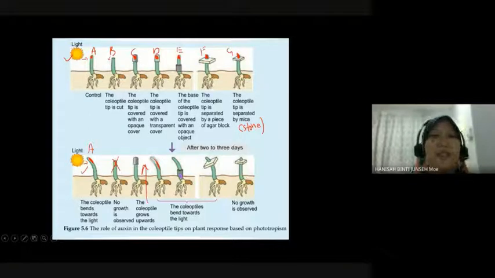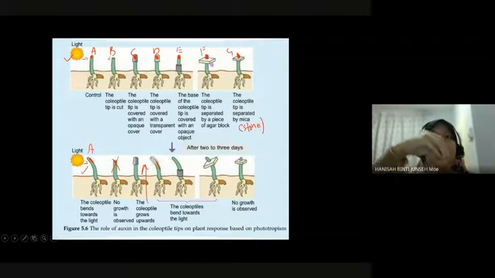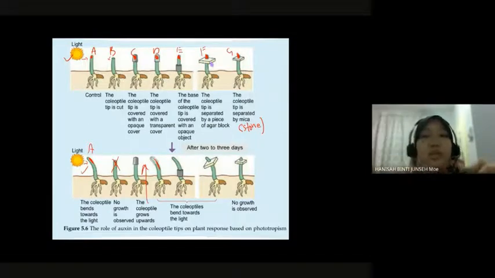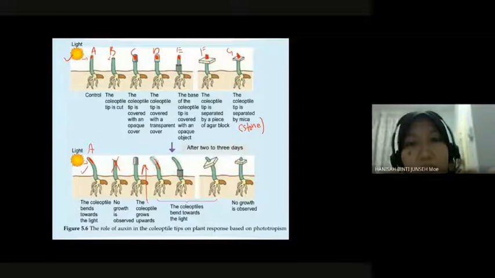Okay. Next, F. Okay. Even though there's an agar there, tapi kita tahu tadi agar ni, the auxin can diffuse. Okay, it will diffuse, this auxin, it will diffuse through the agar block.